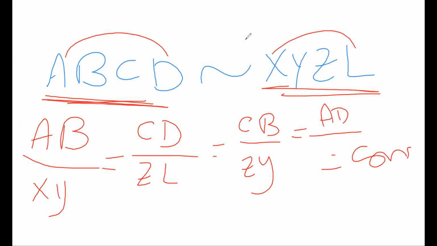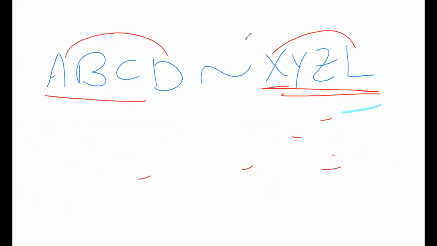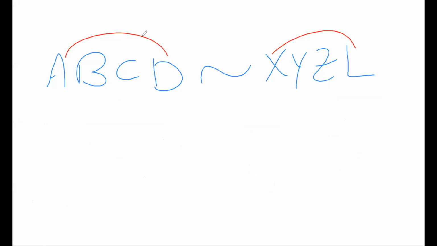So this is an example, and I will write the proportional sides, as we will see now, if I want to get one missing from the proportional sides, if of course the two polygons are similar. If I want to write the proportional sides, very, very important, the order of the letters. So if I say that these two polygons are already similar, I want to write the proportional sides.